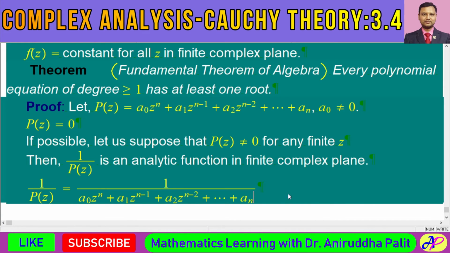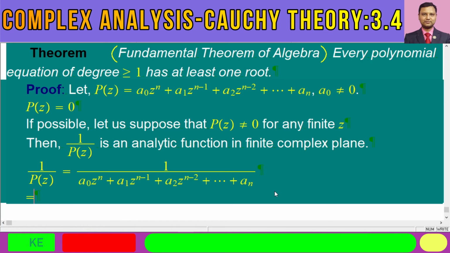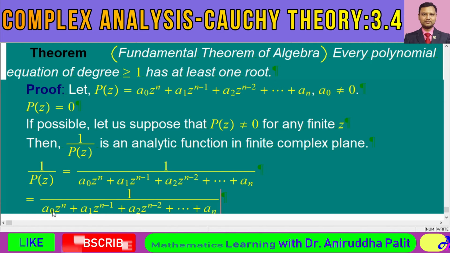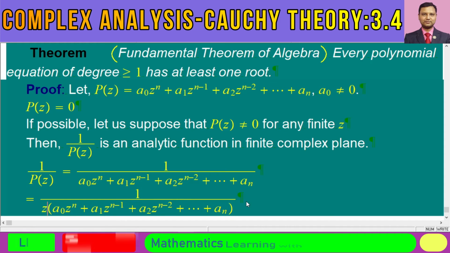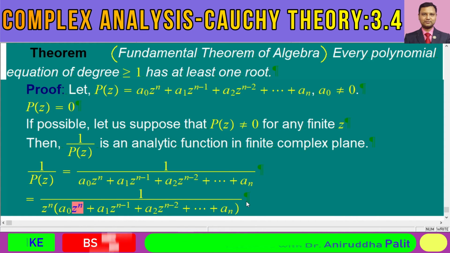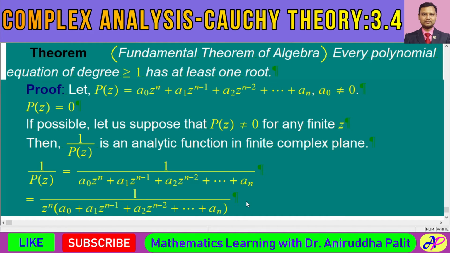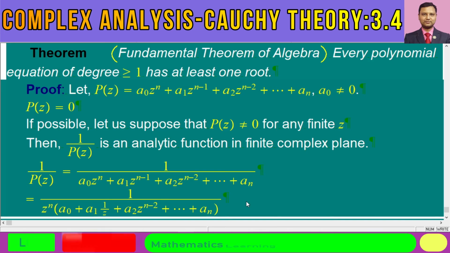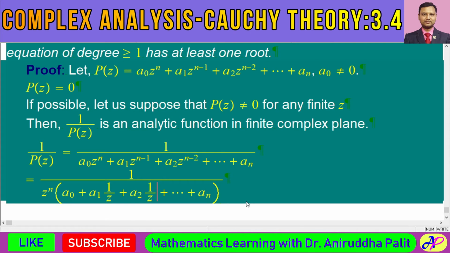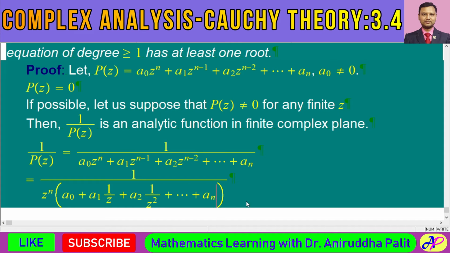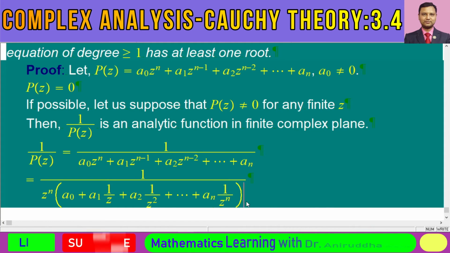This can be written as follows: we take z to the power of n common from the denominator. In that case z to the power of n will come outside the bracket, and inside we have 1 by z, then for the second term 1 by z square, and for the last term 1 by z to the power of n.